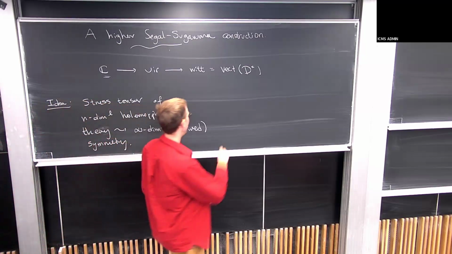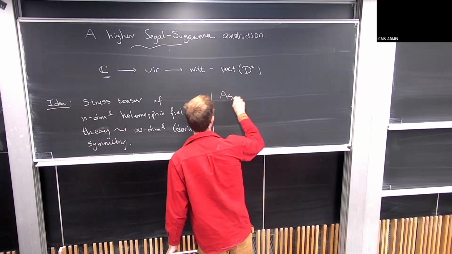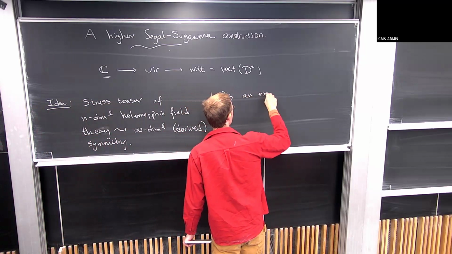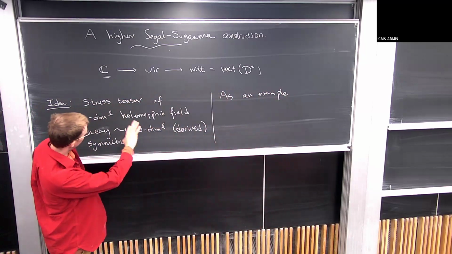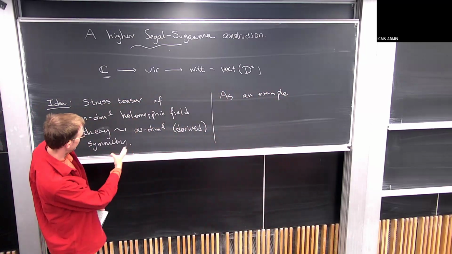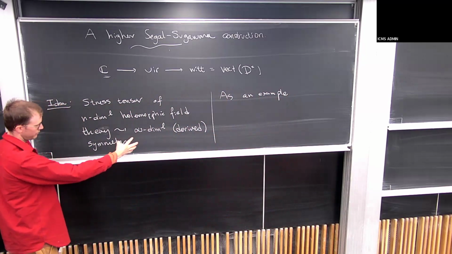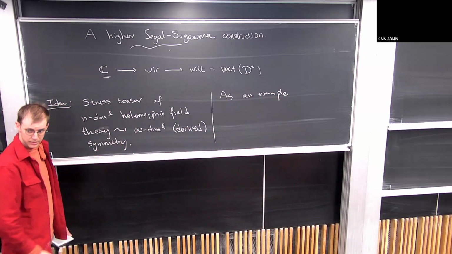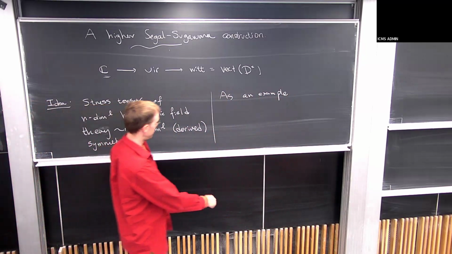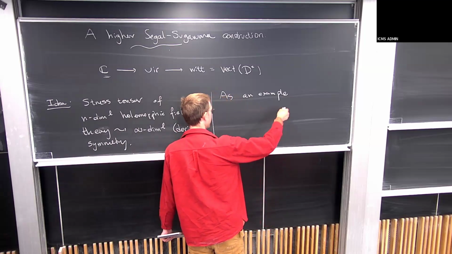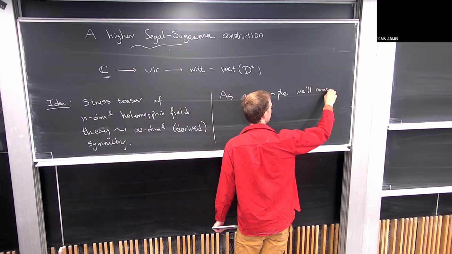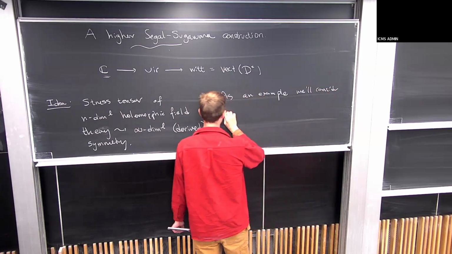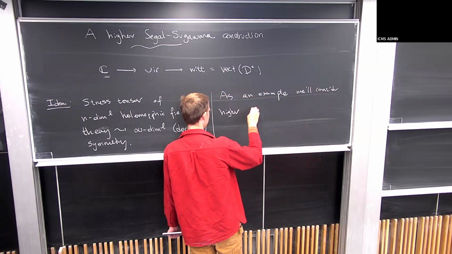And as an example, towards the end, as an example of the Sugawara construction, which is studying representations for this infinite dimensional derived Lie algebra, we'll consider a higher dimensional version of what's called the free boson CFT.